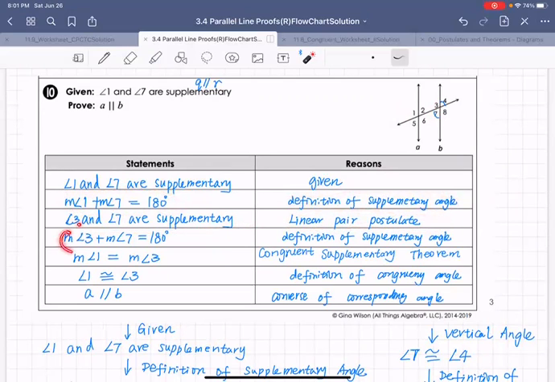That means the measurement of angle 3 plus the measurement of angle 7 equals 180, and this is still the definition of supplementary angles. When this plus that equals 180, and that plus this equals 180, you notice these two are identical. That means these two will be the same. Measurements equal, so these two angles are congruent, definition of congruent angles.